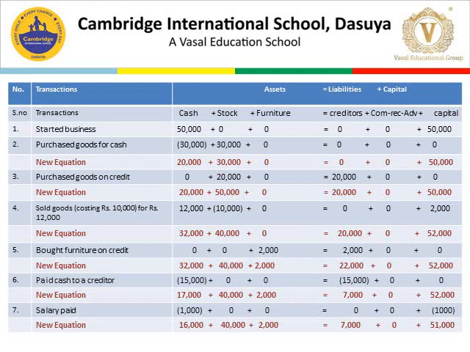So the equation is balanced here, assets equals liabilities plus capital. So assets cash, that is 50,000, liabilities 0 plus 50,000 equals 50,000. Number 2, purchase goods for cash. Now we are going to purchase some goods against cash.